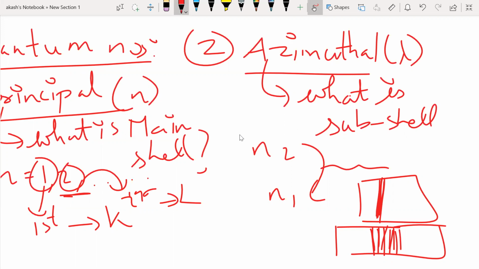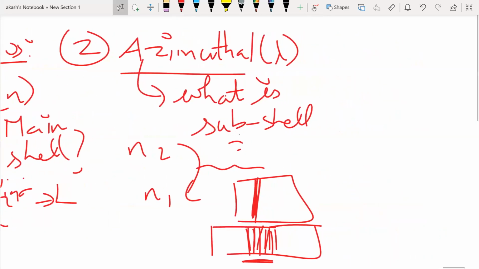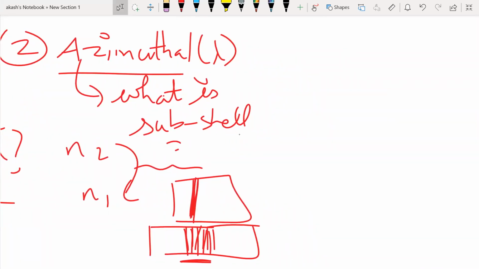This is where the concept of subshells or orbitals came into the picture. So the azimuthal quantum number answers the question of what the subshell is.